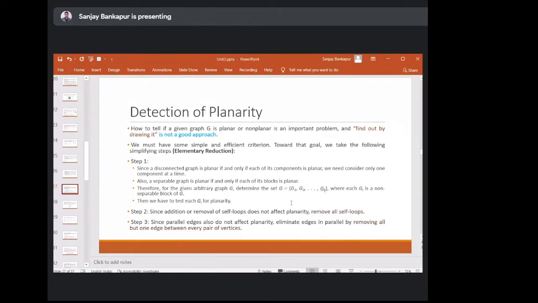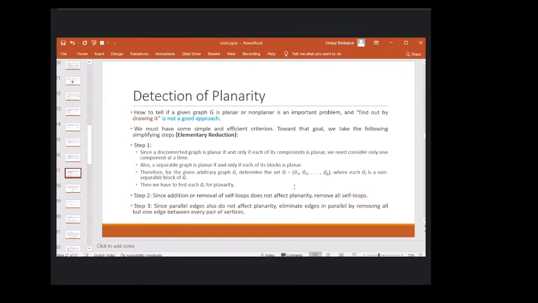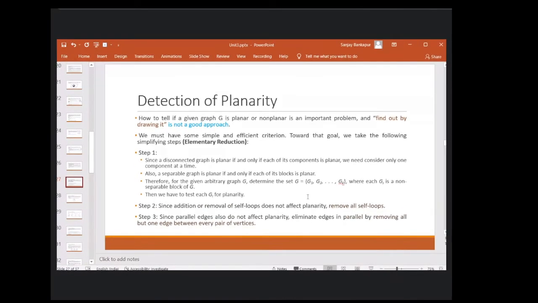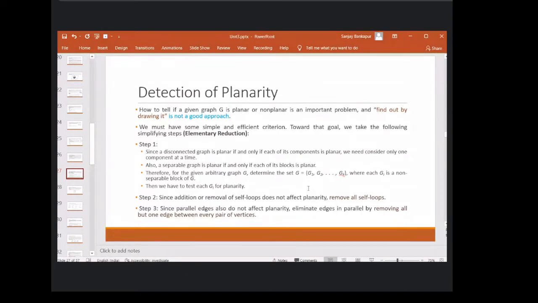So we were trying to explore how to find planarity. Can anyone quickly summarize what all we tried? Keywords are good enough. Inequality is one keyword. Theorem, that is elementary reduction, and so on. What all did we try to figure out whether the given graph is planar or not?